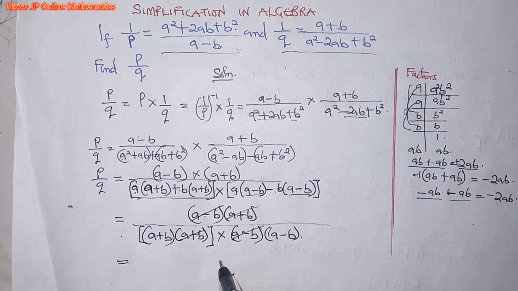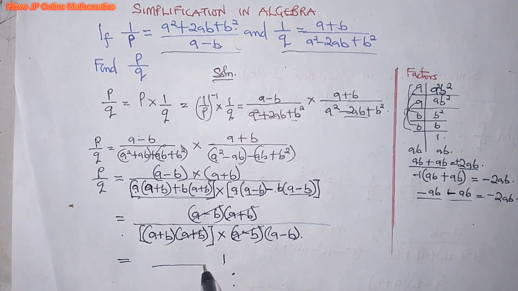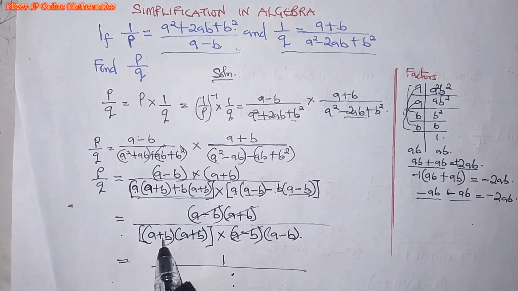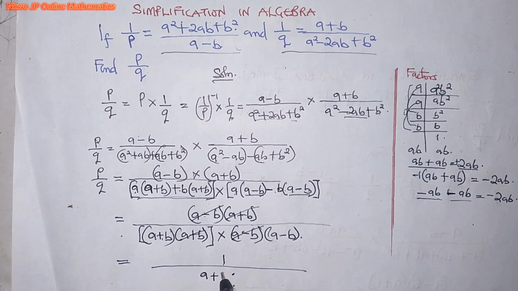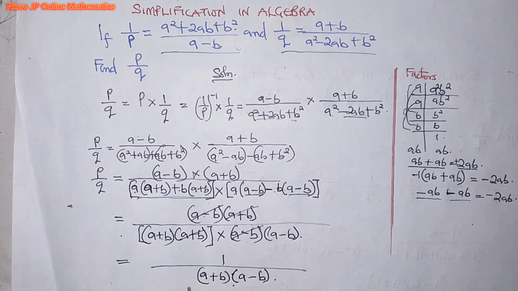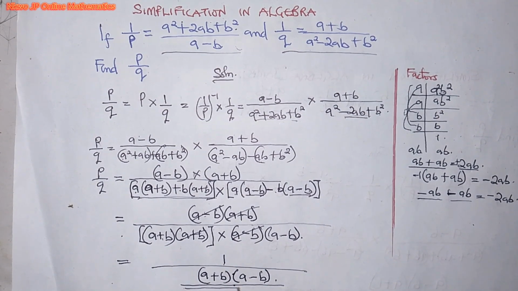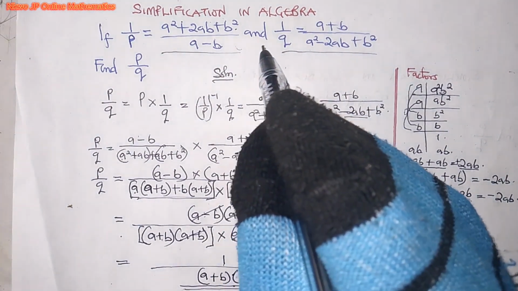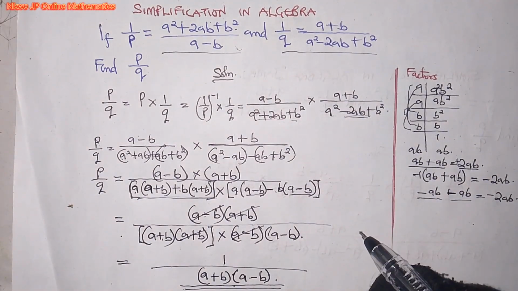So what is left is 1 divided by, we are now having a plus b multiplying a minus b. So this becomes the final simplification of this expression that we were asked to simplify.